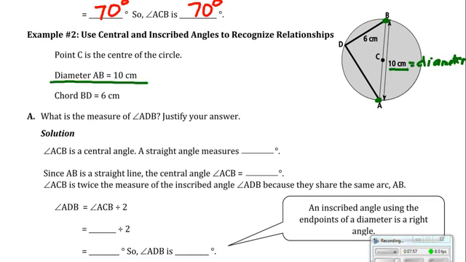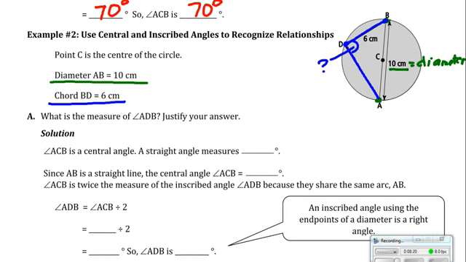We have a chord from B to D that is 6. And we want to know the measure of angle ADB. So we want to know what this angle is.